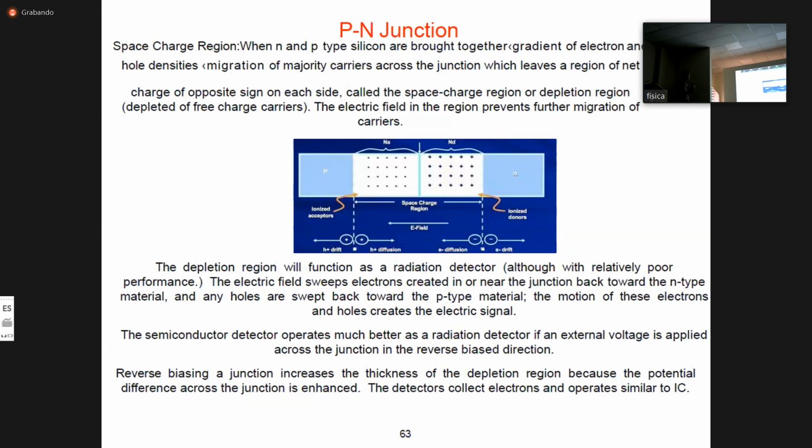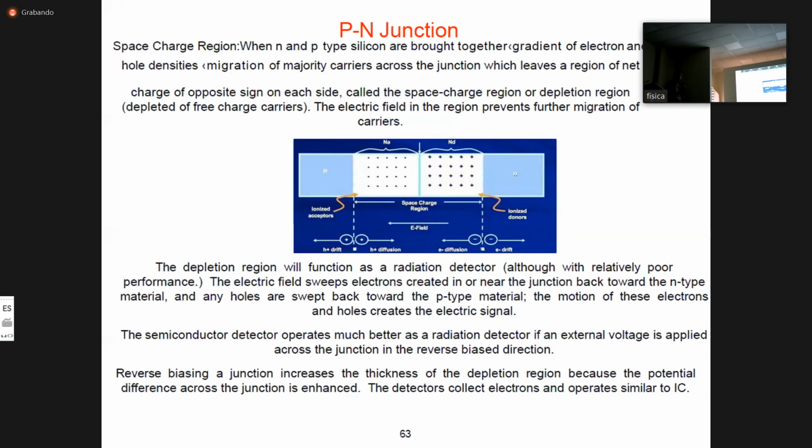That creates a region called the space charge region, created by the fact that negative charges start to drift towards the area where there is a lack of them due to the diffusion process. The same happens for p-type materials. And you will get this space charge region, which is called a depletion region.